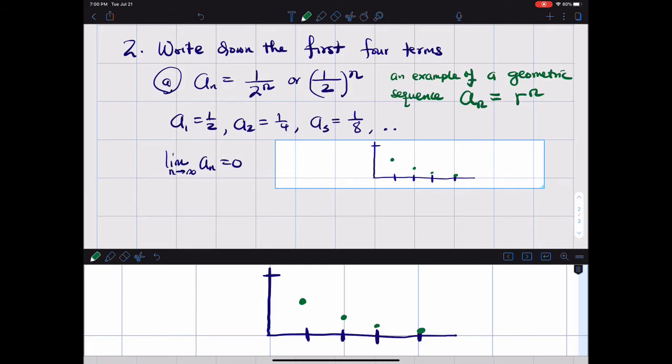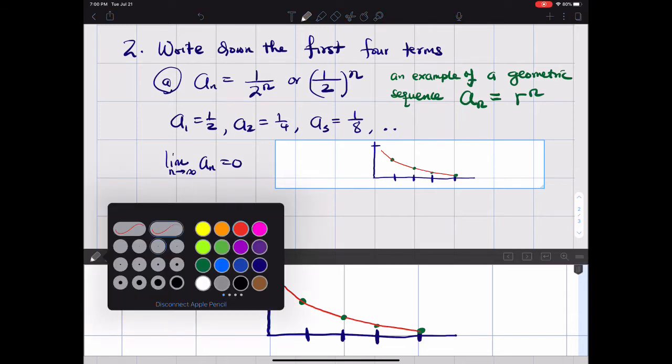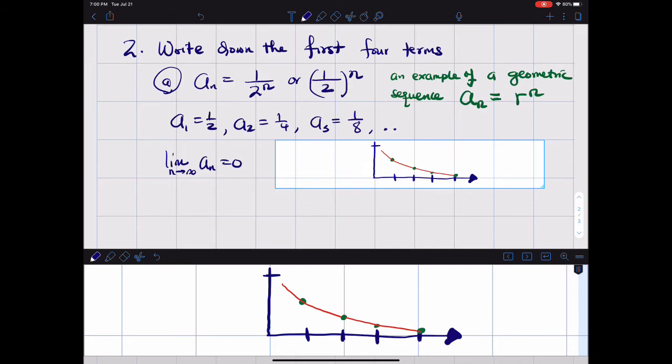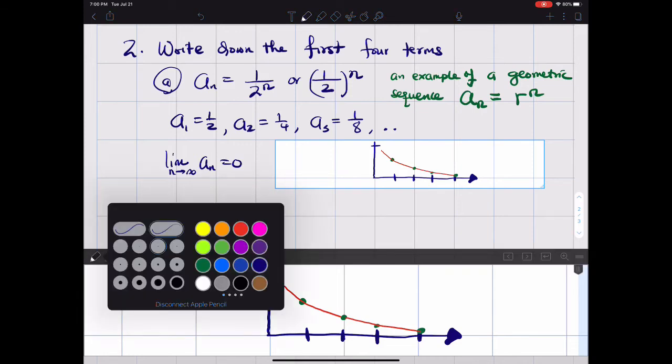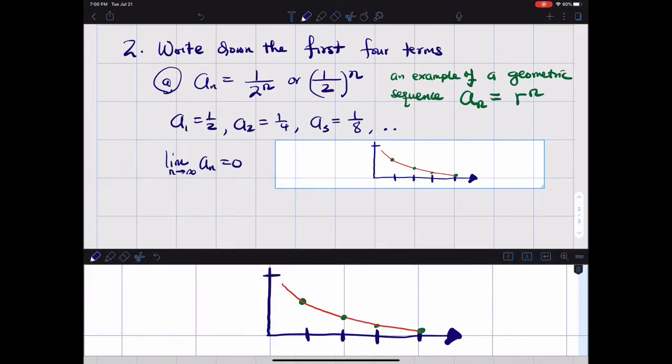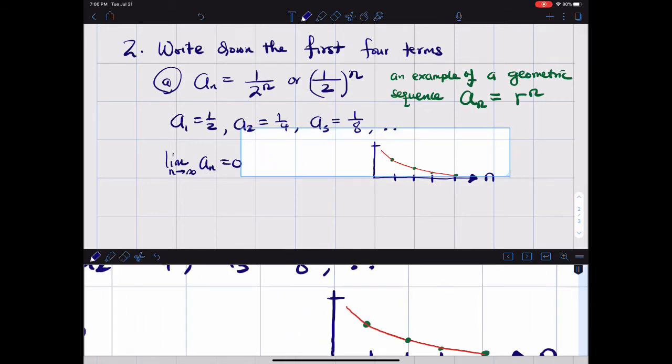If you look at the trend, maybe you want to join them, but usually with the graph of a sequence, you don't join them. But for the sake of visualization, let's try to join them. This is n, right? And this is a_n. Okay, let's look at another sequence.